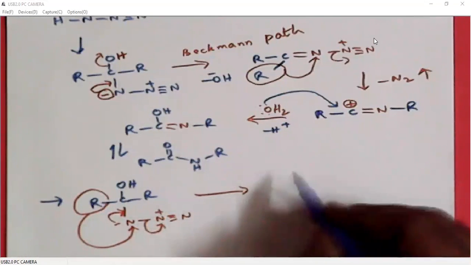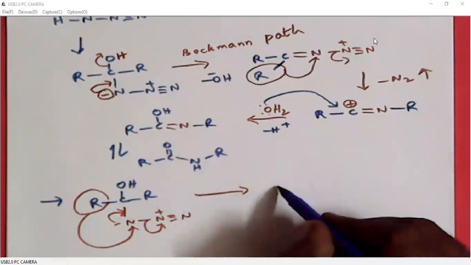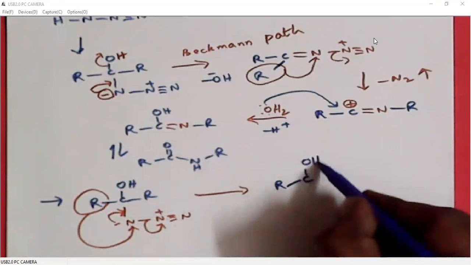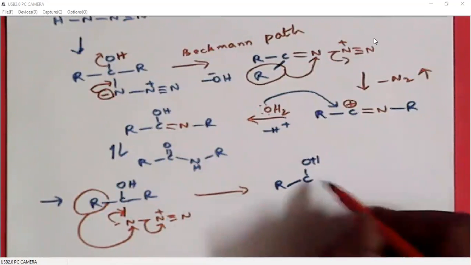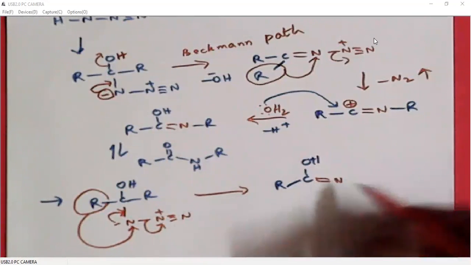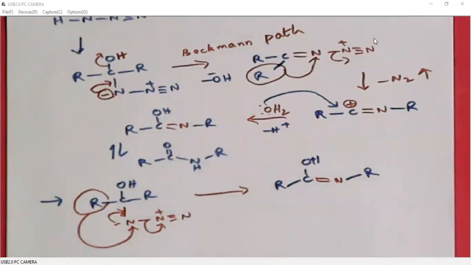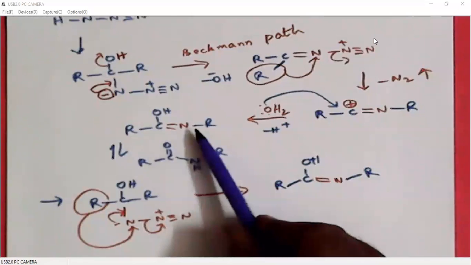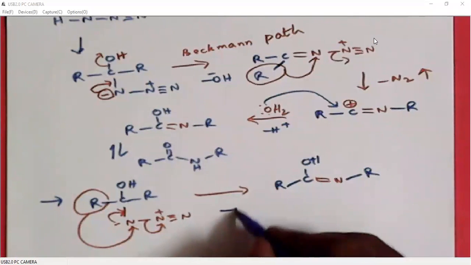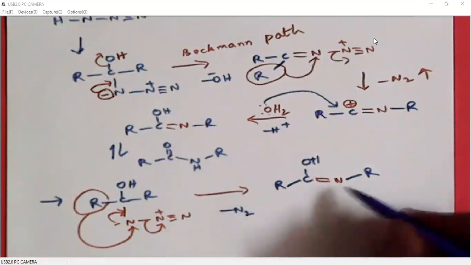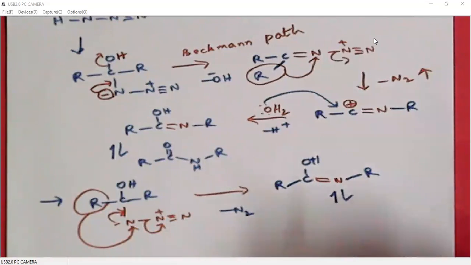So in this case, we are directly generating double bond N R. So we are directly generating this, minus N2. Of course, this will undergo tautomerization to generate the amide.